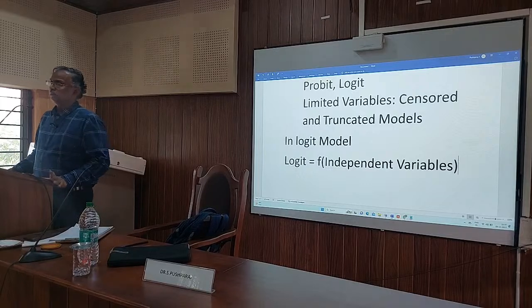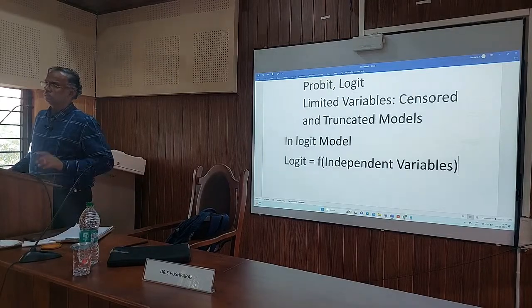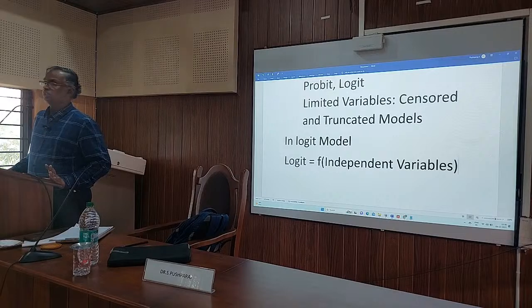The dependent variable, the 0s and 1s, are converted into logits.